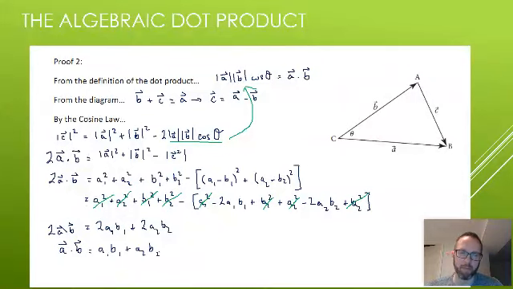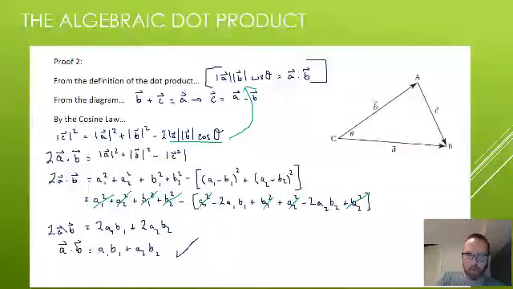Any way you slice it. That proof was a little bit harder, but I think it's kind of cool how it all ties together. The long and short of it is, this is the formula for the algebraic dot product. If you have two geometric vectors with the angle between them, you use the definition. If you have two algebraic vectors where you have their coordinates, you use this one.